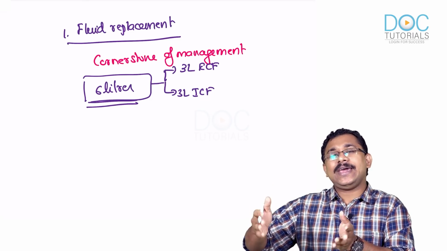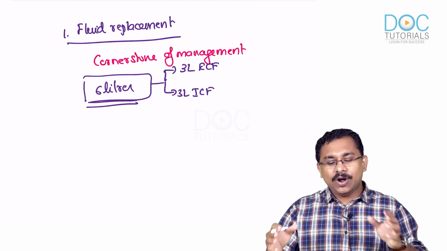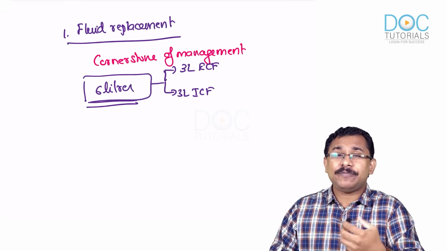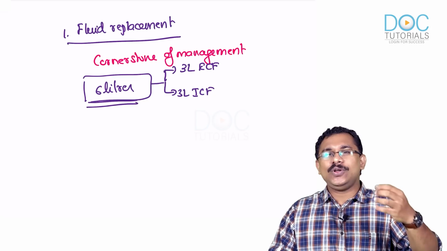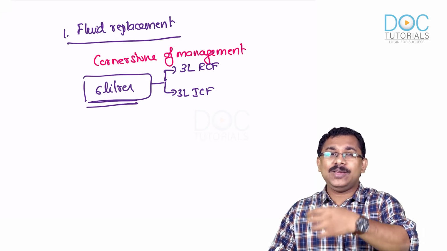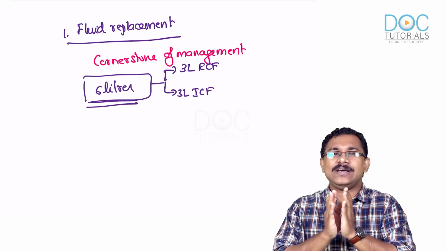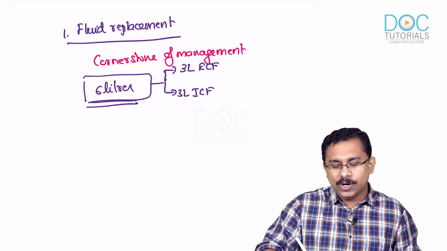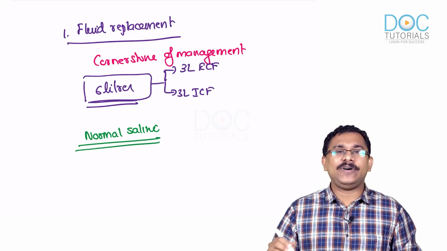Sometimes in severe DKA, it can be more, maybe 8 liters. So there is a lot of fluid loss happening here. So the fluid replacement is of paramount importance. Because otherwise, I told you the patient can land up in hypovolemic shock. Okay, you don't want that to happen. So please always give fluids first. And what is the fluid of choice? You will always go for normal saline. Normal saline is the one that is preferred.